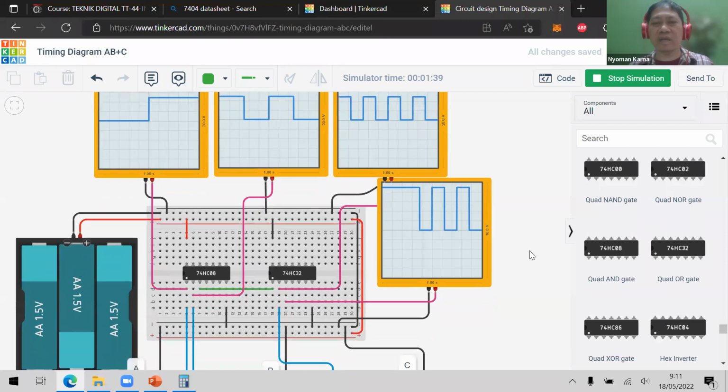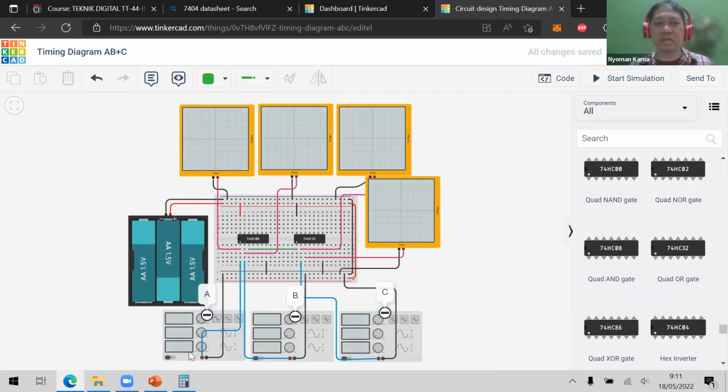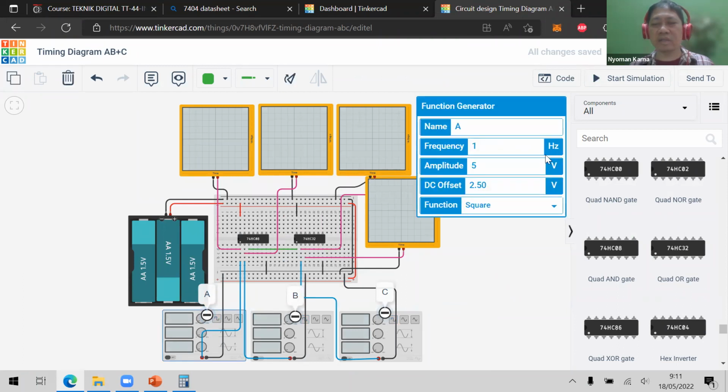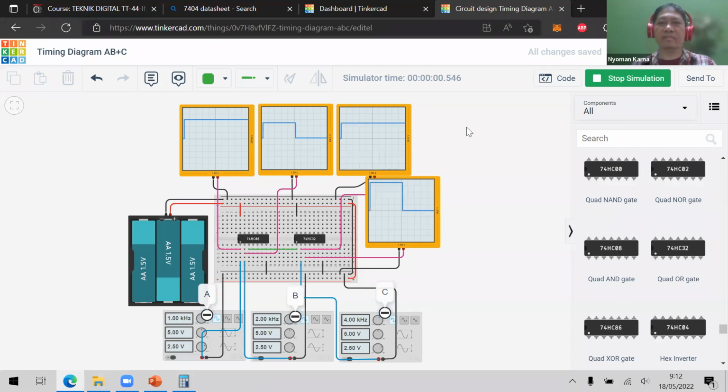Now, how about if I change the frequency to become much higher, because this one is only 1 Hertz. Let's say I'm going to put in 1000, and then this one is 2000, and this one is 4000. Okay, still calculating.